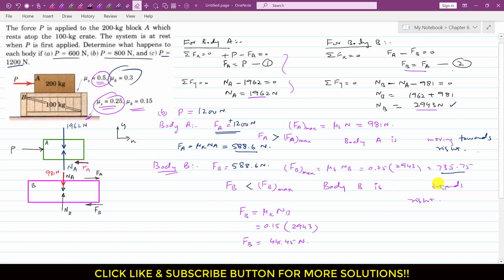So this means that body B is stationary, not moving. Body B is at rest, right? So if body B is at rest, then the friction between body B and the surface is 588.6 Newton, right? And only body A is moving on the top of crate B for case C.